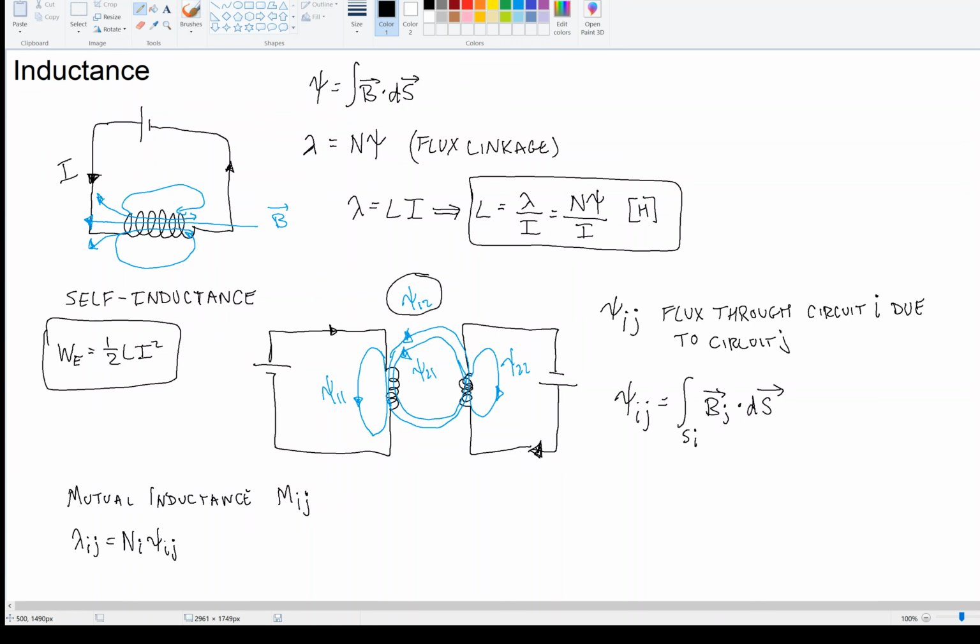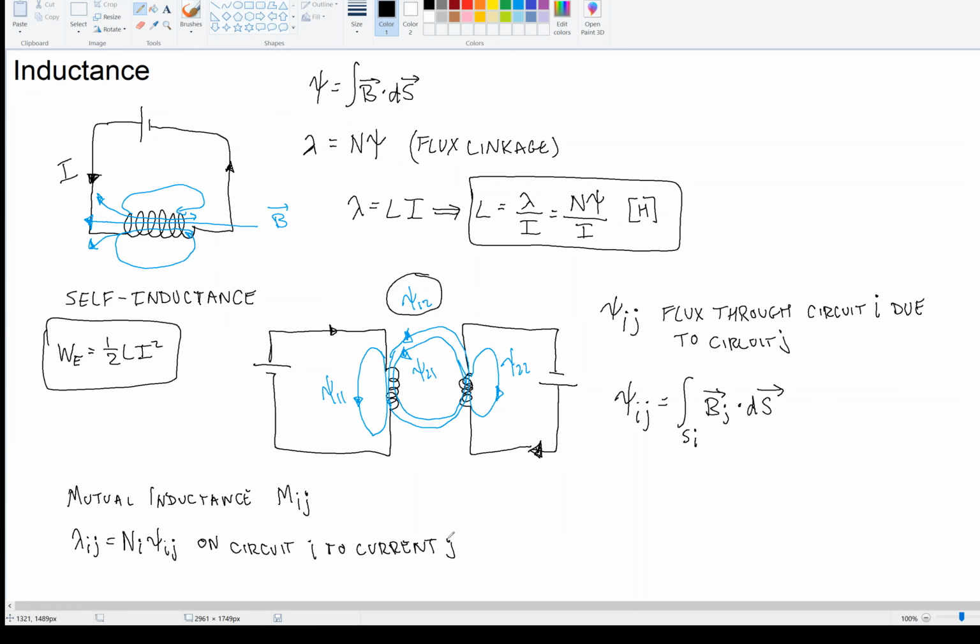So this is the flux linkage on circuit I to current J now.